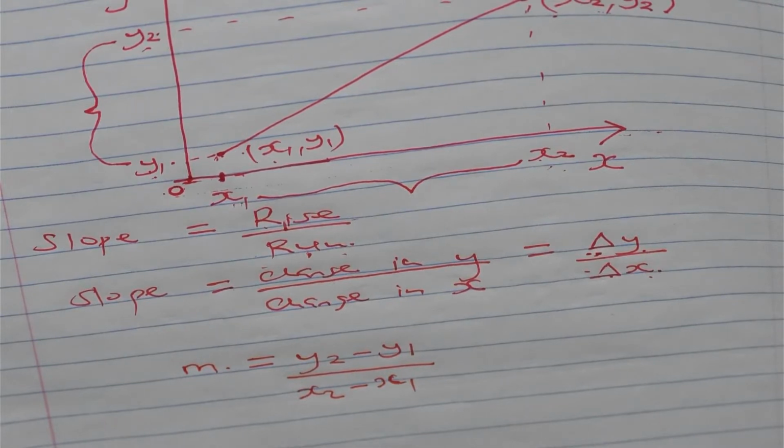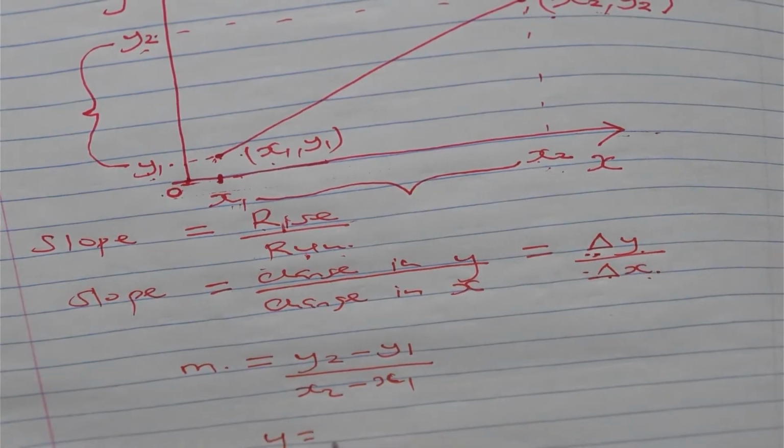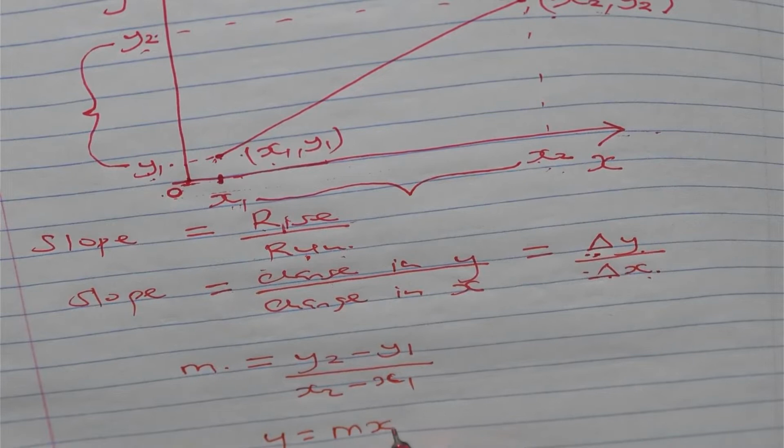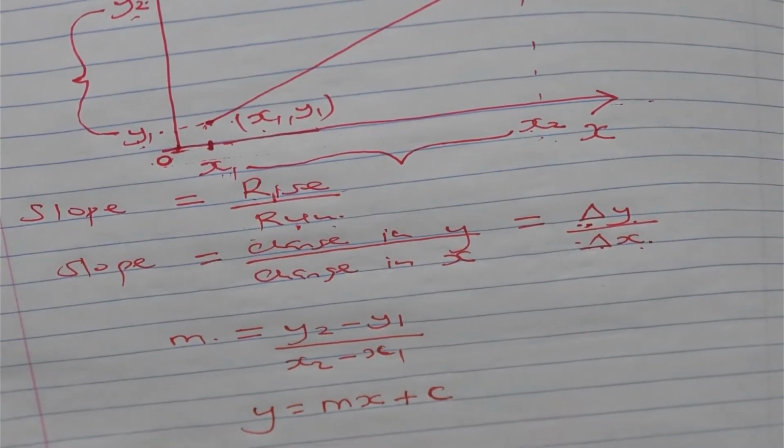So if we want to express a line in terms of an equation, it usually is in the form of y = mx + c. What does this mean?